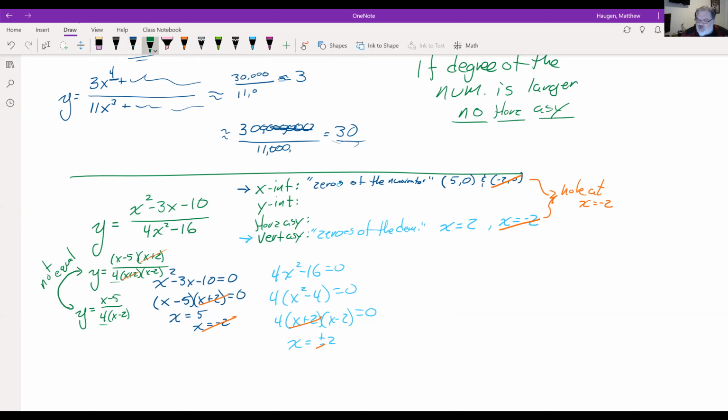So, for example, if we had 5x to the third over 15x to the fourth, we could reduce that to 1 over 3x, and those two functions would be equal.